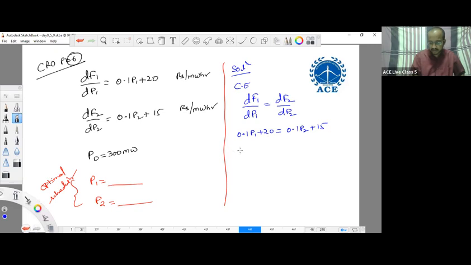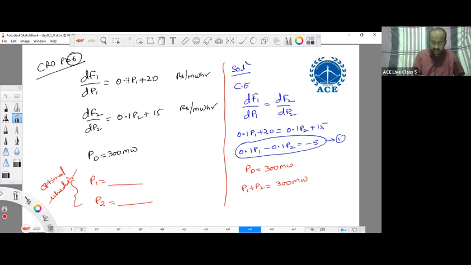If you simplify, 0.1 P1 minus 0.1 P2 is equal to minus 5. So you got one equation. The second equation is PD is given as 300 megawatt, so P1 plus P2 must be 300 megawatt.